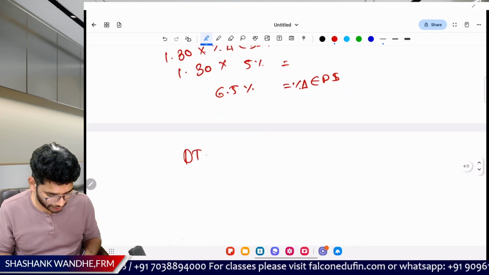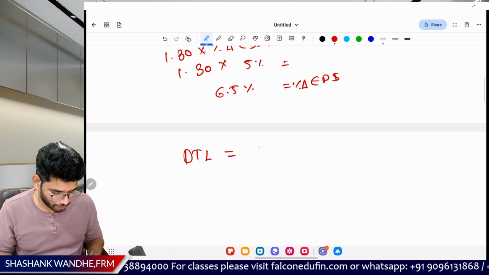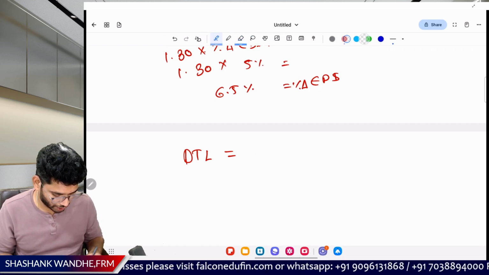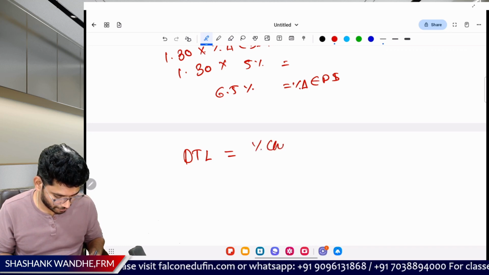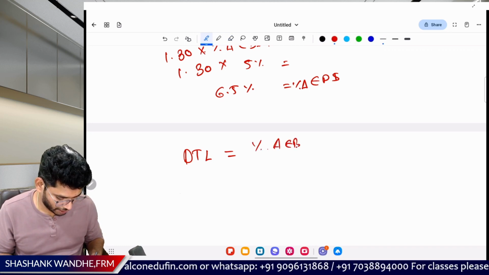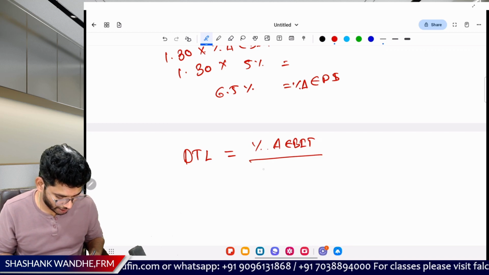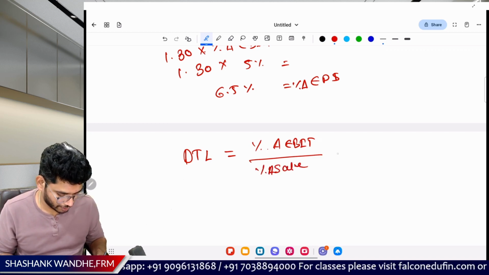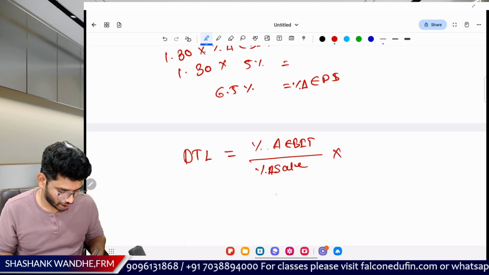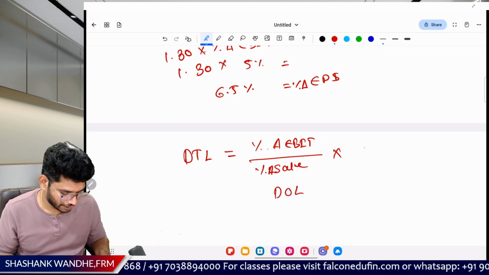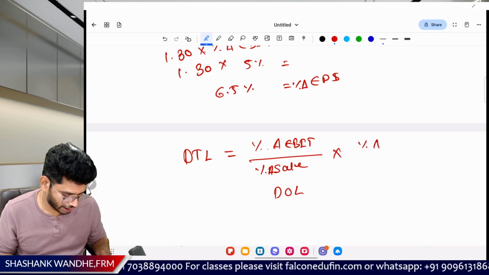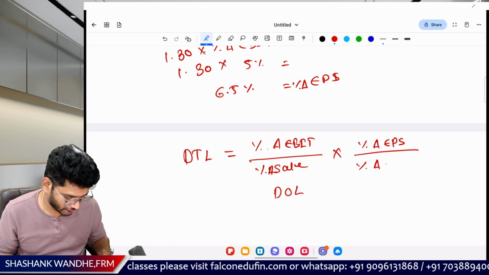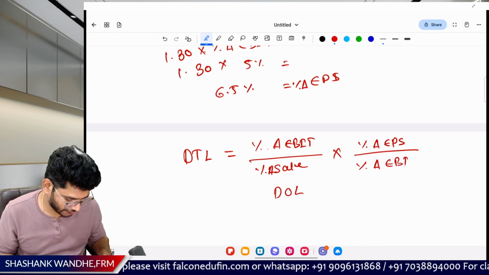the degree of total leverage is equal to percentage change in EBIT divided by percentage change in sales, multiplied by, this is your degree of operating leverage, percentage change in EPS divided by percentage change in EBIT.